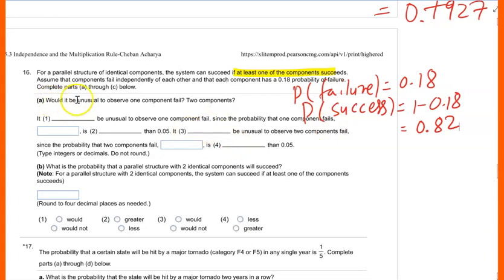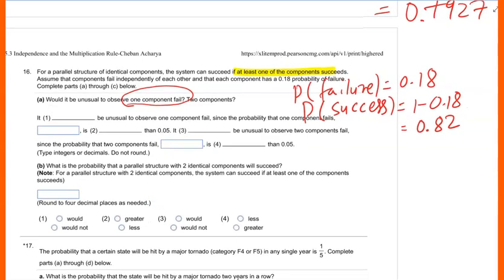Would it be unusual to observe both components fail? Sorry, one component fail, not both. First question, would it be unusual to observe one component fail, and the next part is two components? Listen, for one component fail, what's the probability of one component failing? 0.18. Therefore it would not be unusual, because less than 5% is unusual, but this is not less than 5%.